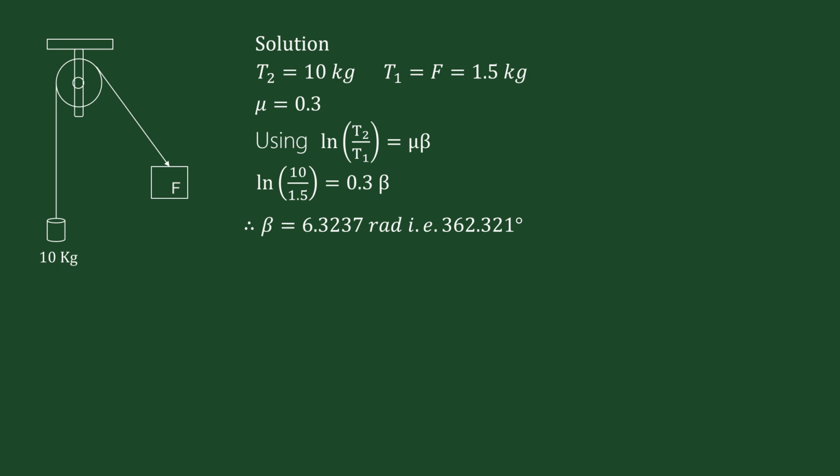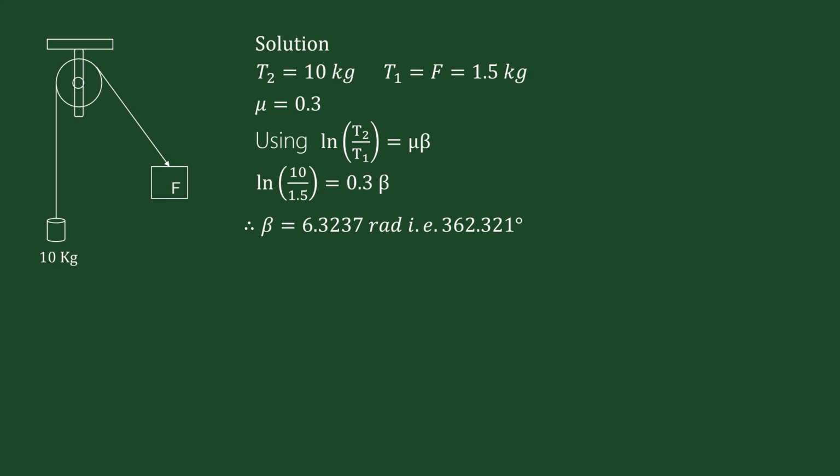If you want, you can convert that into degrees as well by using the concept that 180 degrees is pi radian, or you can directly use a calculator to convert radian into degrees.